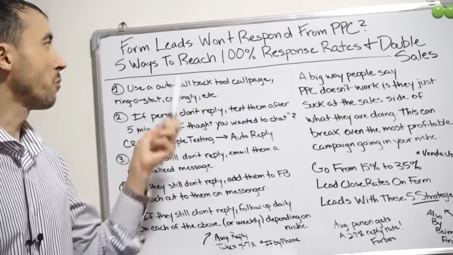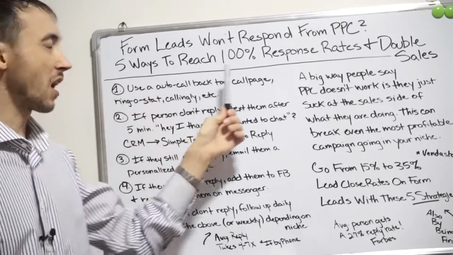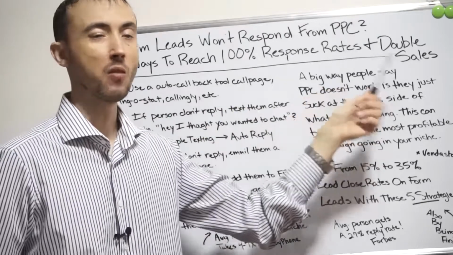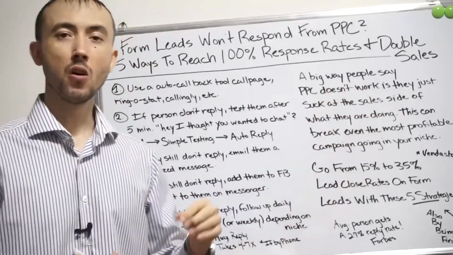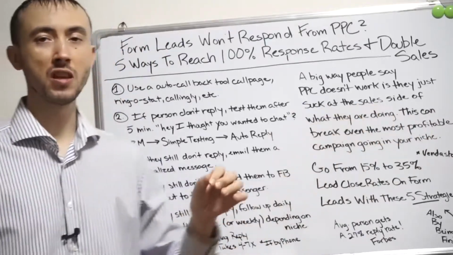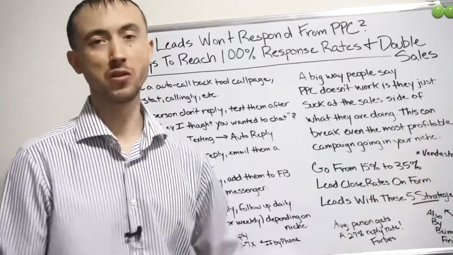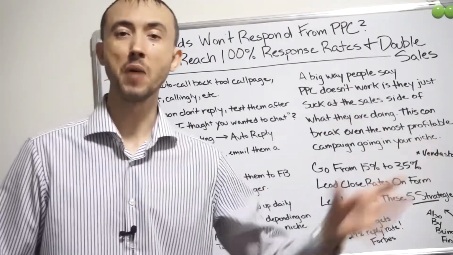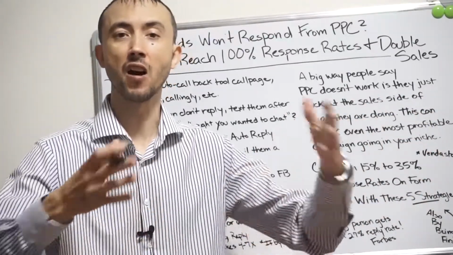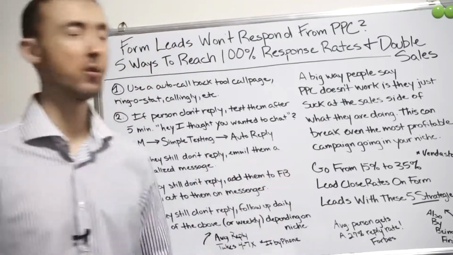So with that said, to get form leads to respond, I have 5 ways to reach basically a 100% response rate or contact rate with those form leads after people fill out your contact form on your site or your landing pages. And with that, you'll be able to double your sales just by getting a higher contact rate with those form leads. Okay, with that said, we'll get into it.